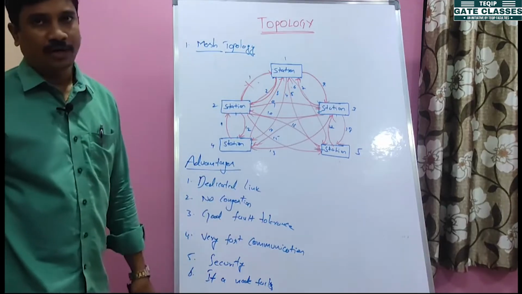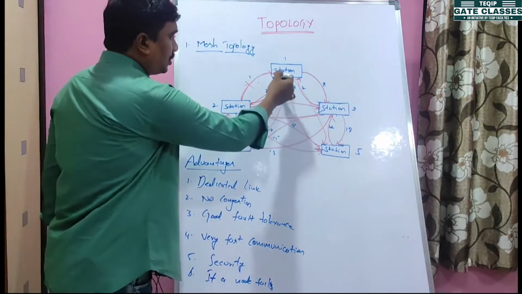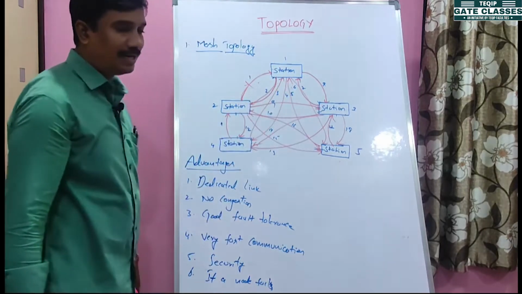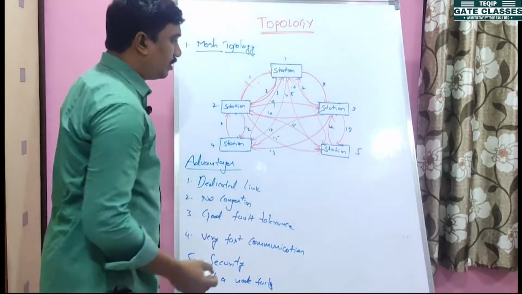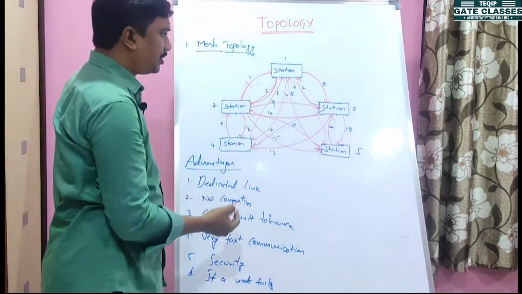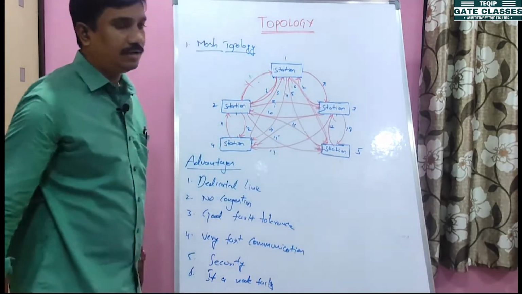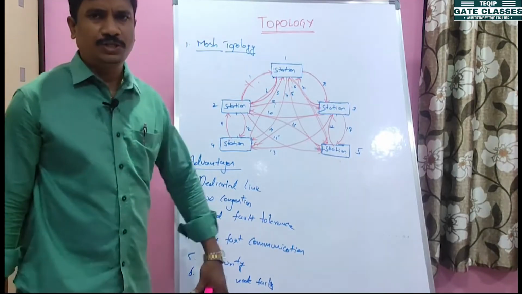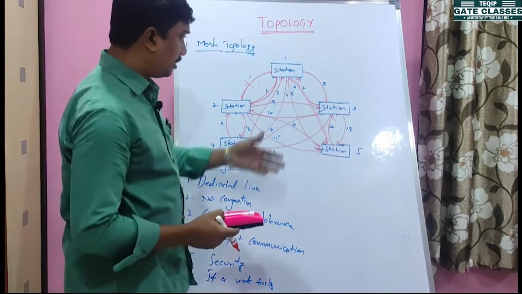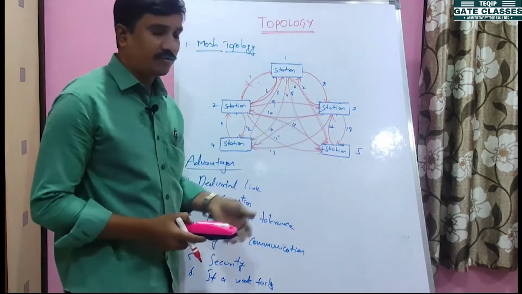And the next one is security. Security means we can transfer the data from station 1 to station 5 without needing to verify all the other stations. The dedicated path is there, so the data flows to station 5 only. Does anyone know why there is a security issue if the data goes through station 2, station 3, station 4 and then station 5?